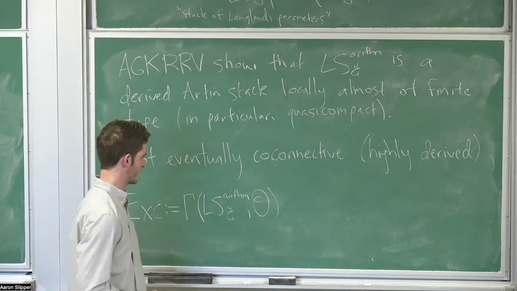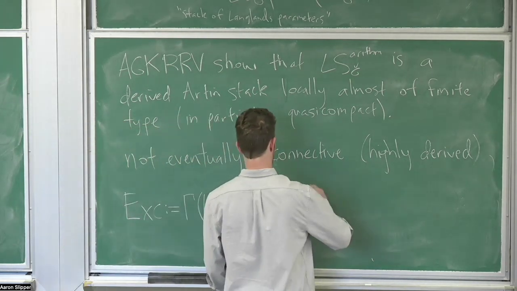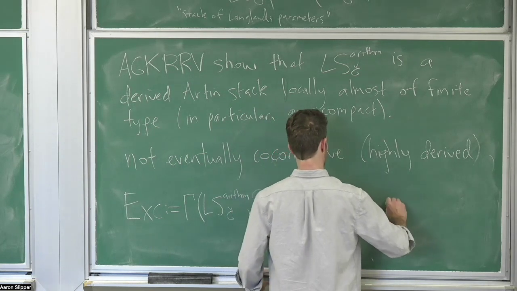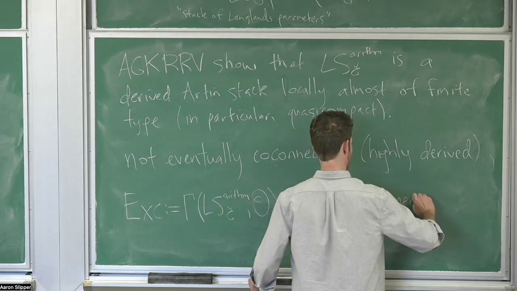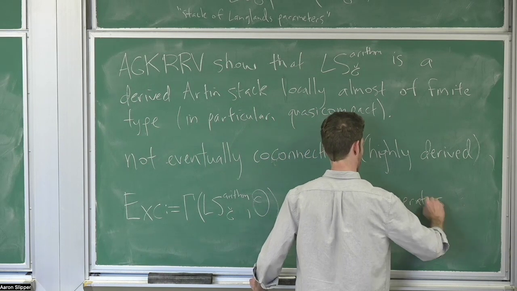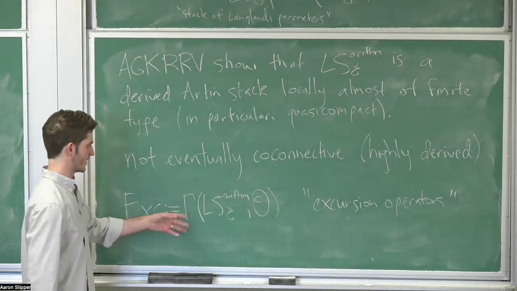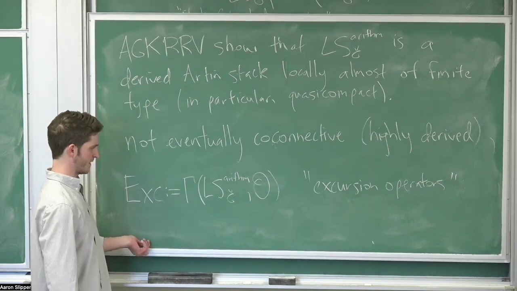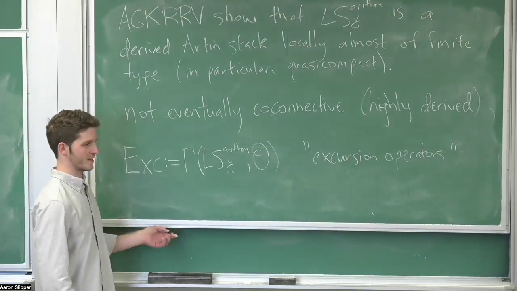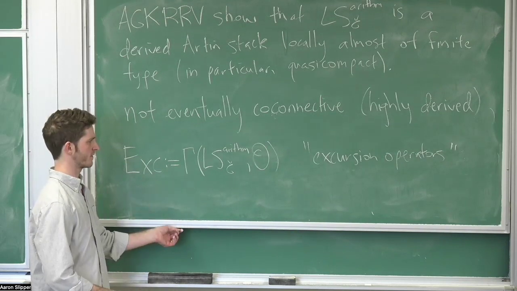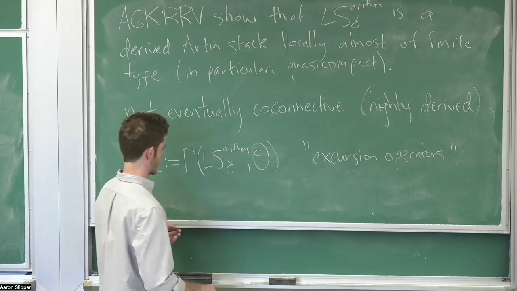So this is some DG commutative algebra, the algebra of excursion operators. Again, this terminology is borrowed from Lafforgue. It's not exactly what Lafforgue defined. For example, this thing does turn out to be connective, but it turns out to be unbounded homologically below. As far as I know, it's not eventually coconnective. So it's definitely derived, is what I should say.